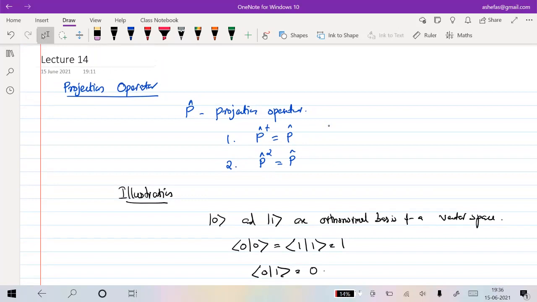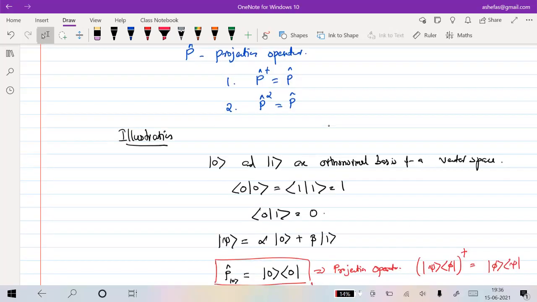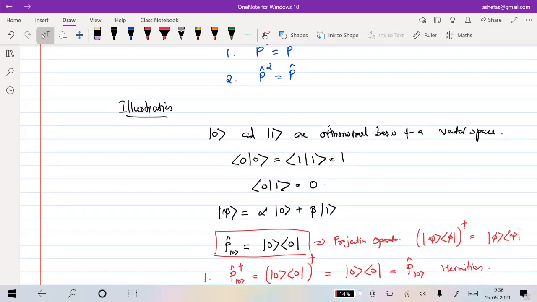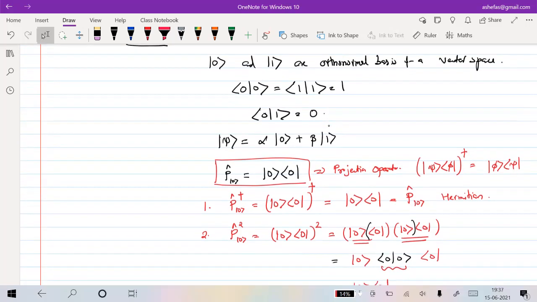In order to illustrate the meaning of the projection operator, we considered a two-dimensional vector space in which the bases are represented as ket 0 and ket 1, and they are orthonormal bases. We defined a projection operator as the outer product ket 0 bra 0, and we showed that it satisfies both conditions of a projection operator, and hence it can be considered a projection operator.